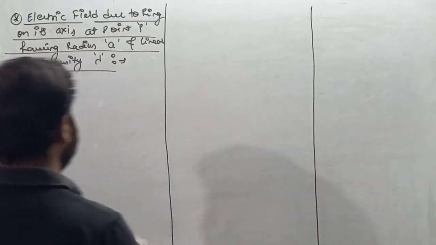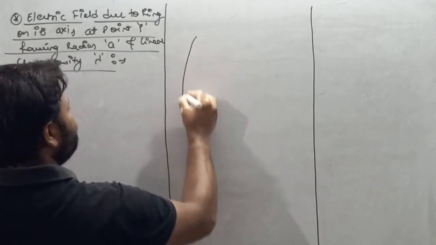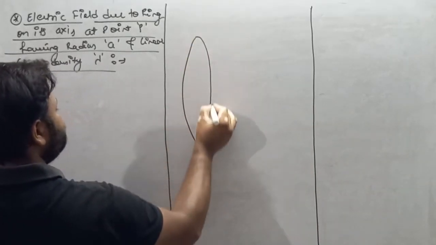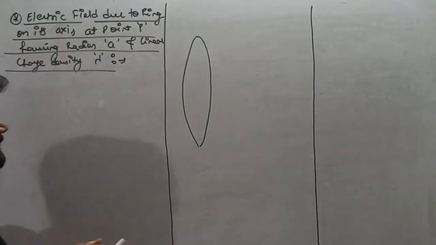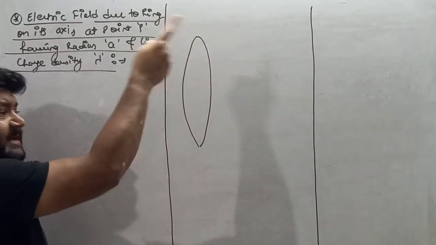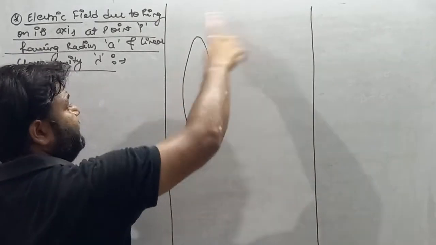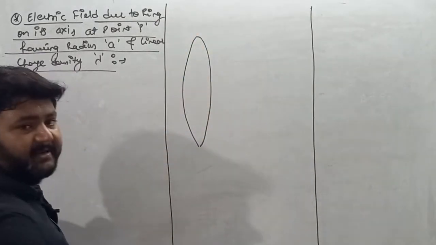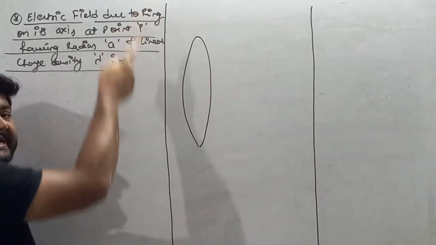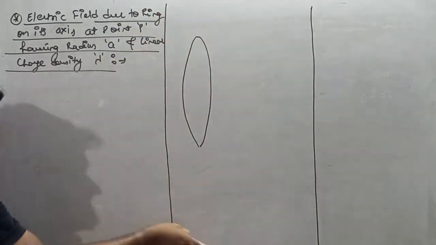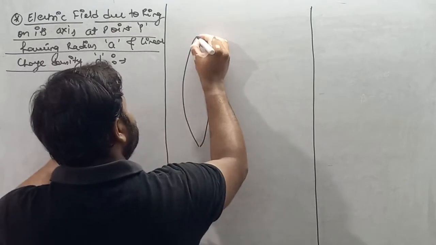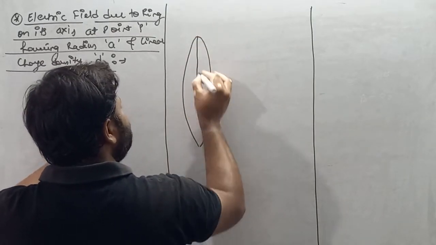First thing, we have a ring. I'll make this ring like this. This is the side angle. It will look like this. If we make the front view, it will be like this, that is circular. But we are making this as a side view. So this is your ring, and the radius of the ring is a.